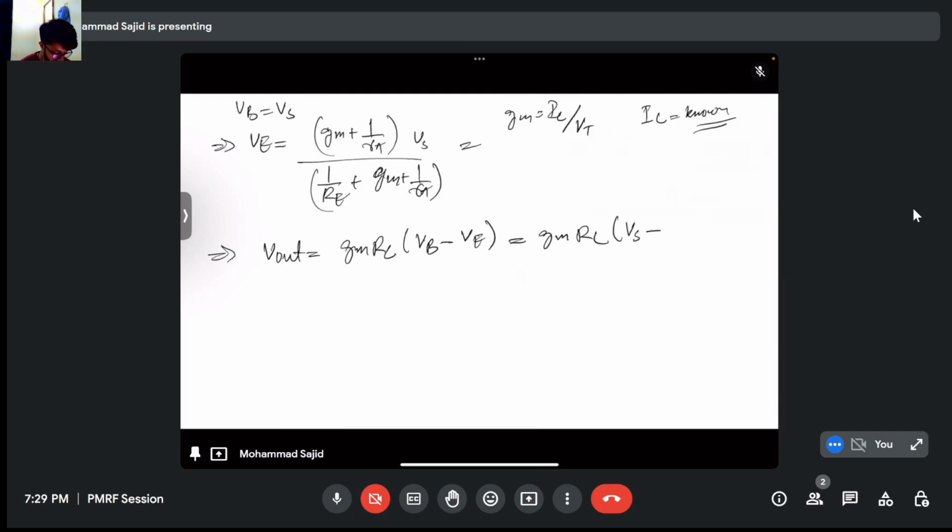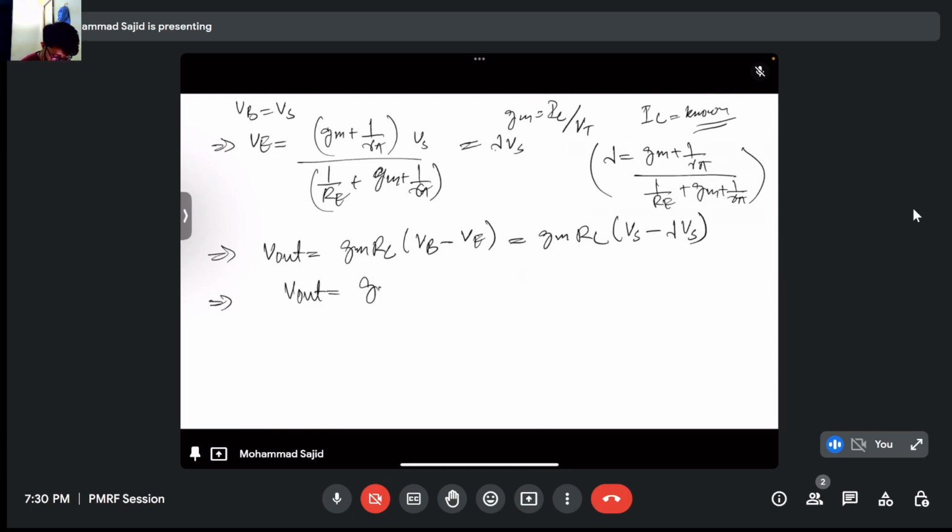VE, let's write it as lambda times VS. Lambda is GM plus 1 by R pi divided by 1 by RE plus GM plus 1 by R pi. Okay, so I can write it as lambda times Vs. My V output will be simply equal to GM times RC Vs times 1 minus lambda.